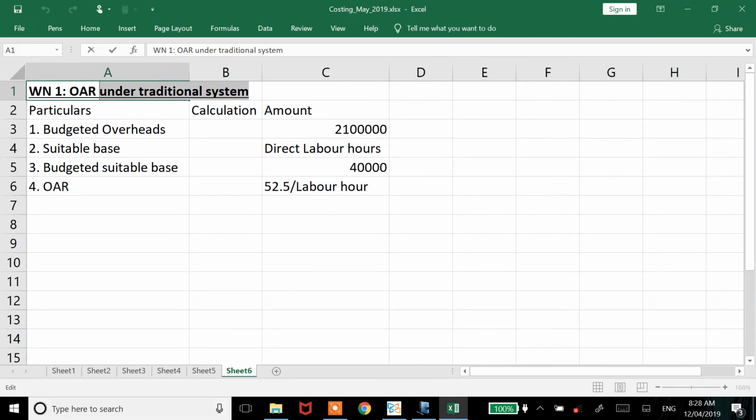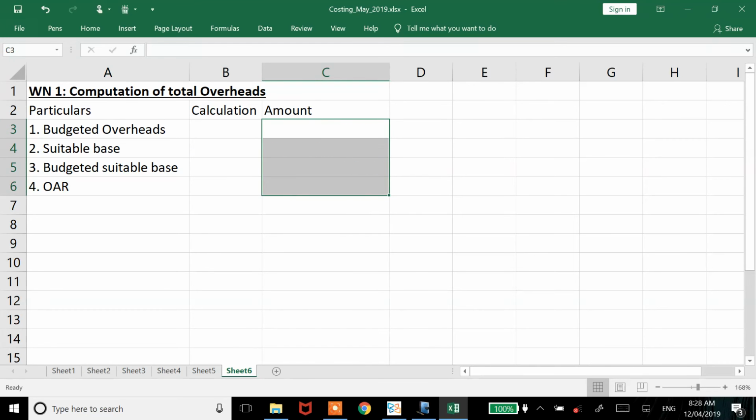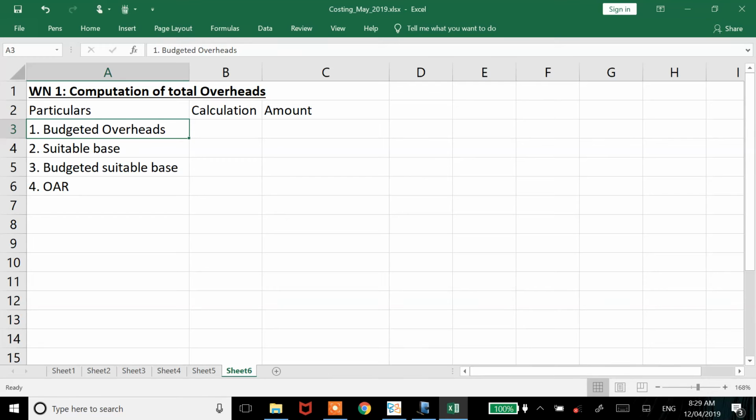Format remains the same, you can write those 4 items. Budgeted overhead, suitable base, OAR. Just that I'll fill it in the reverse order now, that's all. That's the only difference. We're going to fill this table in the reverse order. Budgeted overhead, suitable base, and OAR.